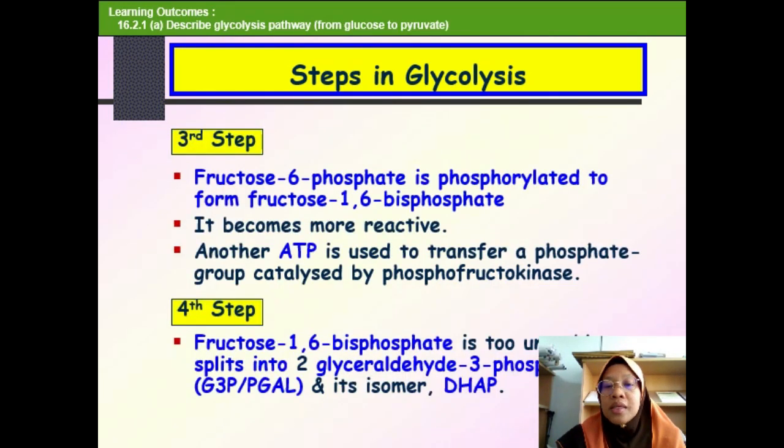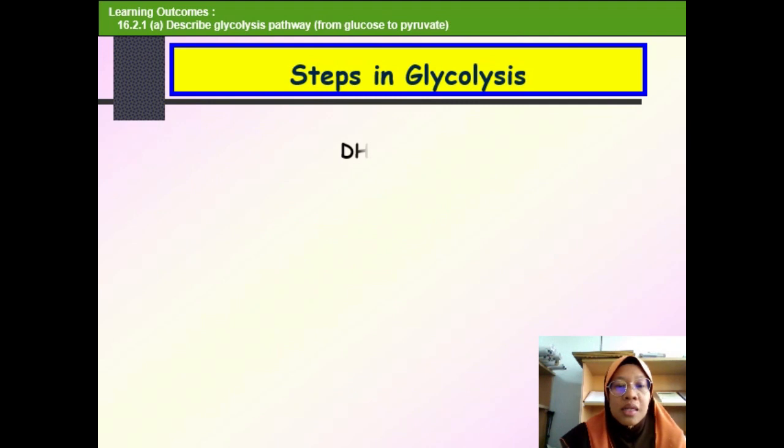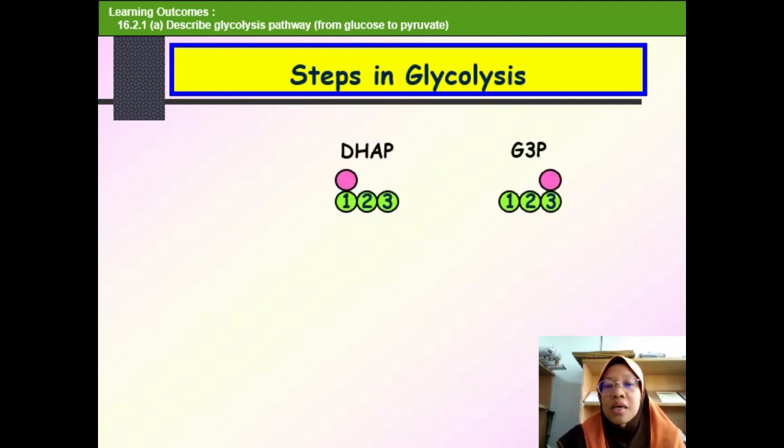Okay, so kita sambung step yang ke-5. So tadi saya dah terang DHAP dengan G3P. So what will happen is that you convert DHAP to G3P. Walaupun tindak balas ni adalah reversible depending on your cell at that moment.